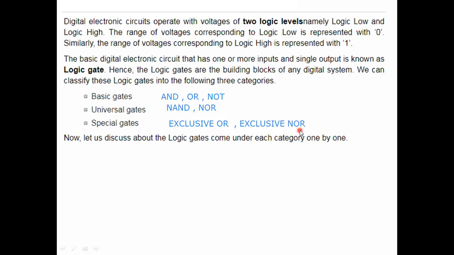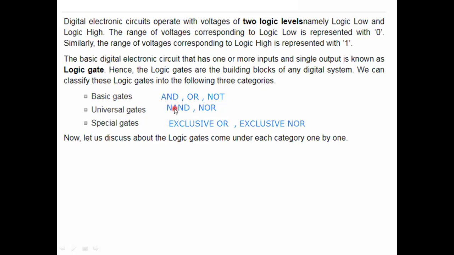If you observe AND gate and NAND gate, how do we get the NAND gate? By adding a NOT gate to the AND gate, we get the NAND gate. That means AND gate plus NOT gate is equal to NAND gate.